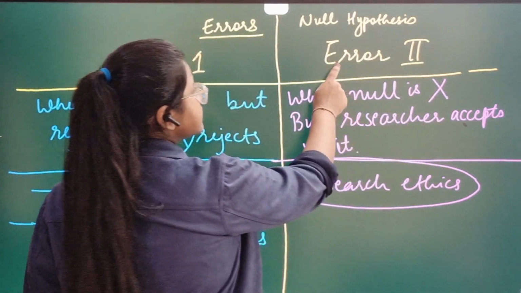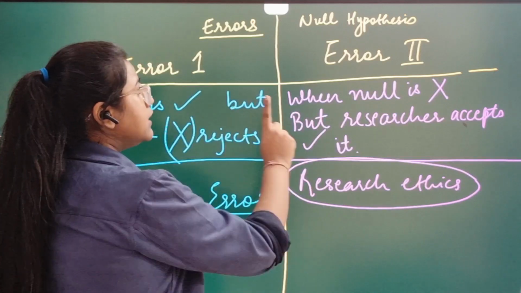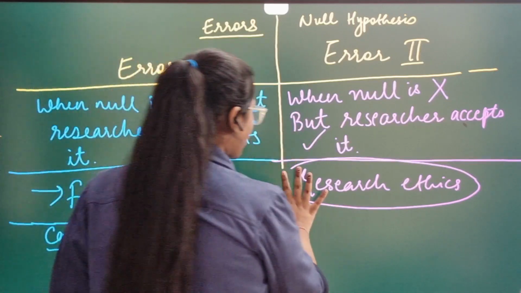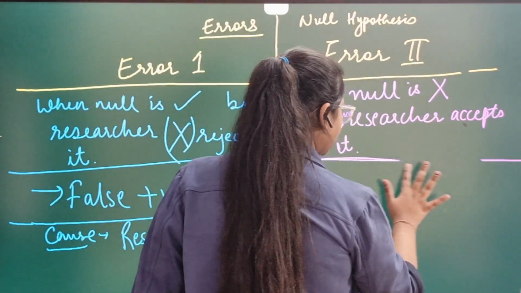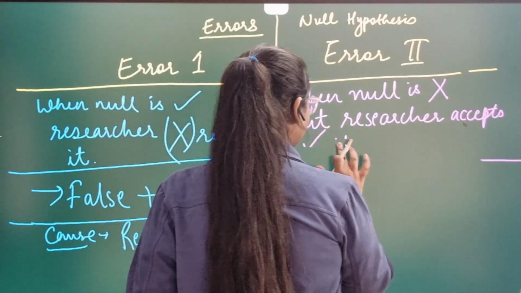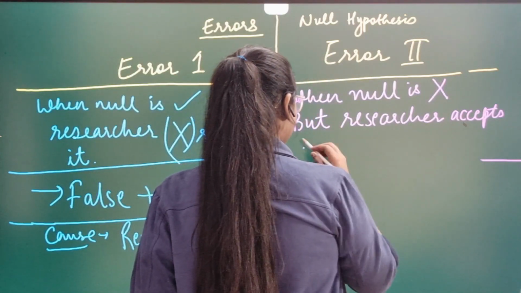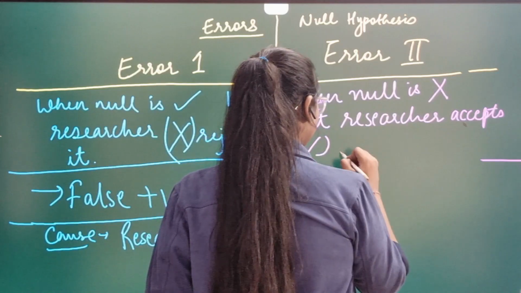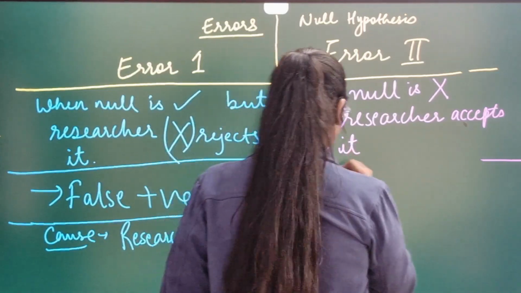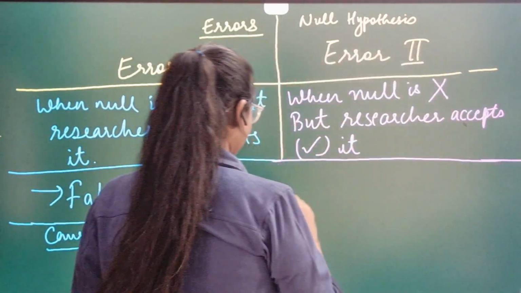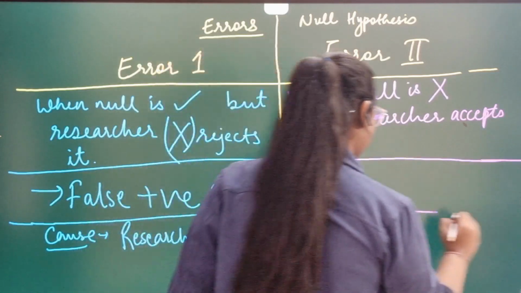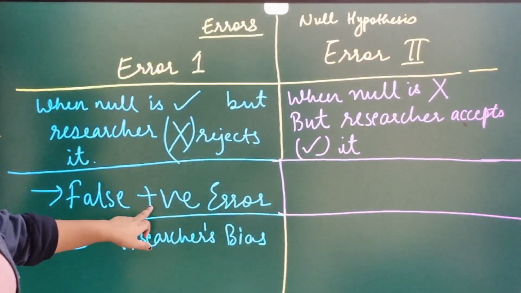Okay, this brings us to error 2, which is also called, give me 1 second. This error is also called, here what did we say? We said false positive.